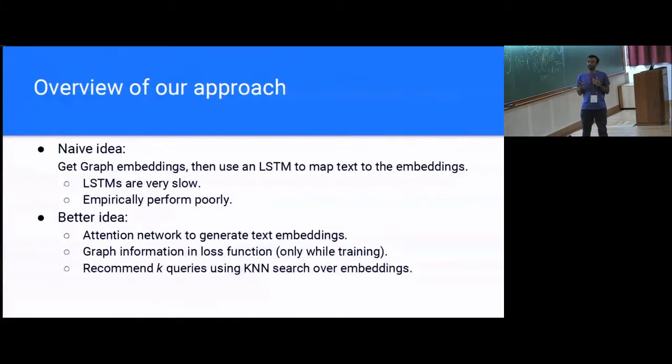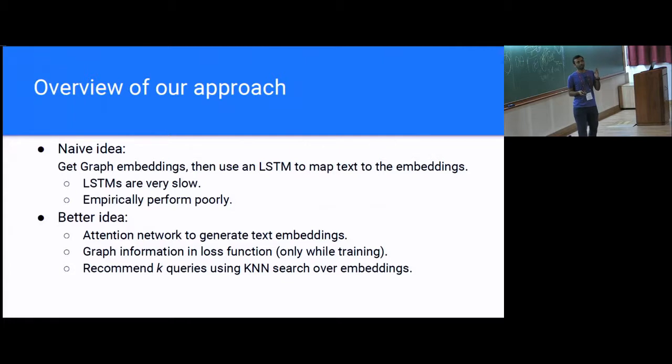The naive idea you can think of is that you start with graph embeddings and then you perhaps train an LSTM to map your query text to these embeddings. So the LSTM will learn to go from the text to an embedding. We tried this, but there are two main problems. One is that LSTMs are quite slow to train.